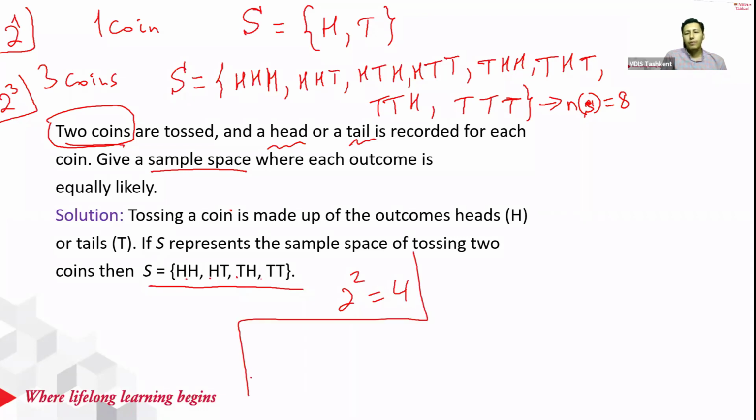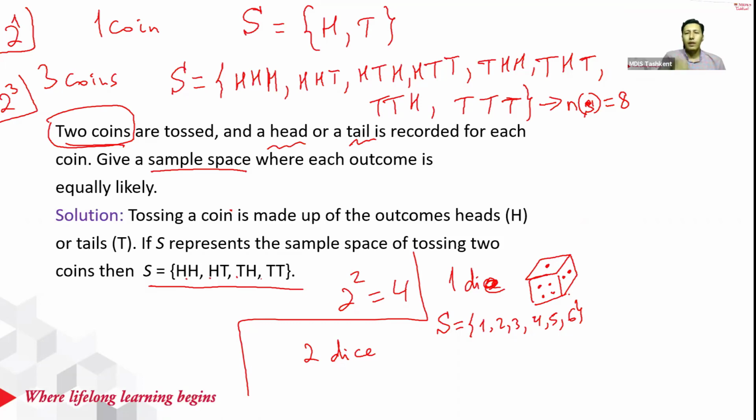Another example, 1 die. Sorry, it is die if it is 1. If more than 1, then we call dice. Okay, 1 die. It's what? Zarik. Okay, what's sample space? So 1, 2, 3, 4, 5, 6.